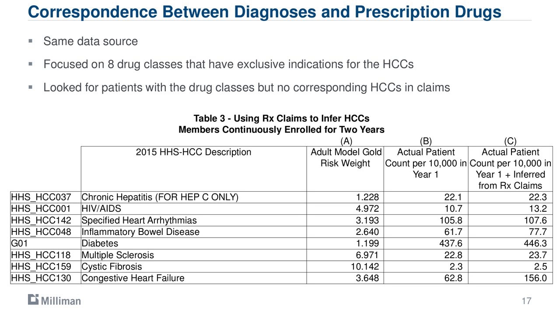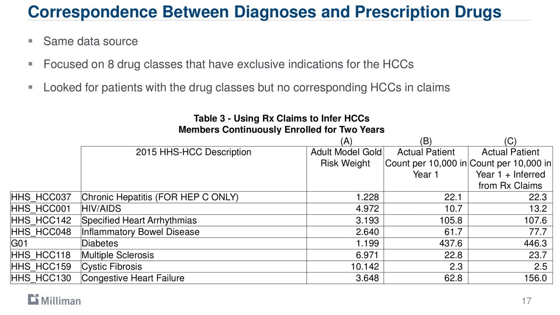So the idea here is that there are patients who are treated with prescription drugs but did not have a medical diagnosis that the drugs indicated. Because if the system only takes in diagnosis information and only counts that, this could also lead to a reduction in risk scores. So how do we quantify that?